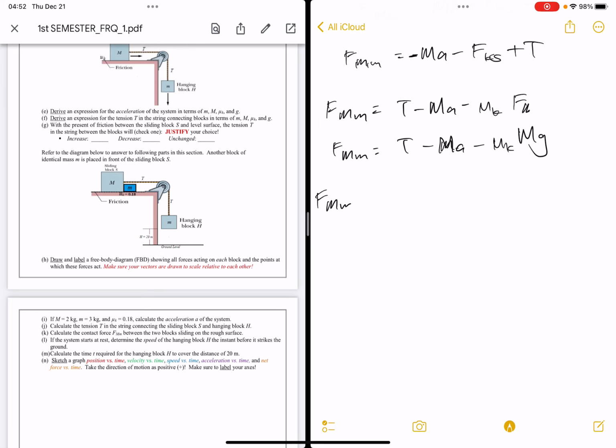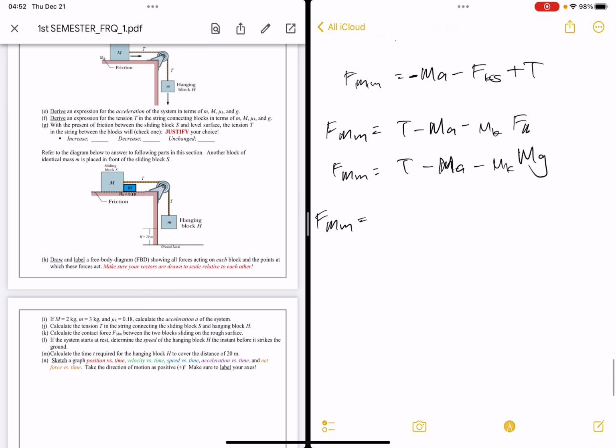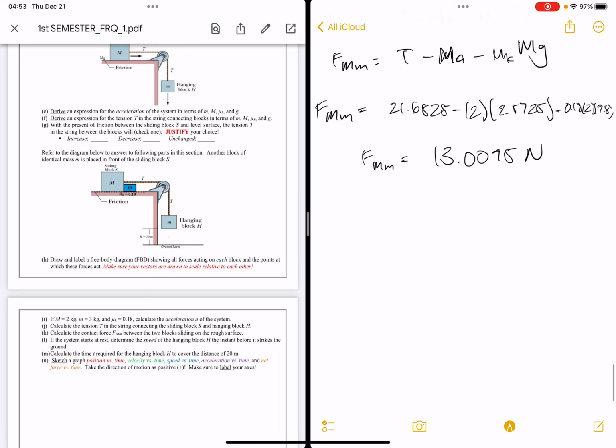So we already solved for tension, and it was 21.6825 minus big M, which is 2, times the acceleration we found earlier, 2.5725, minus 0.18 times 2 times 9.8. And we get the contact force to be 13.0095 newtons.